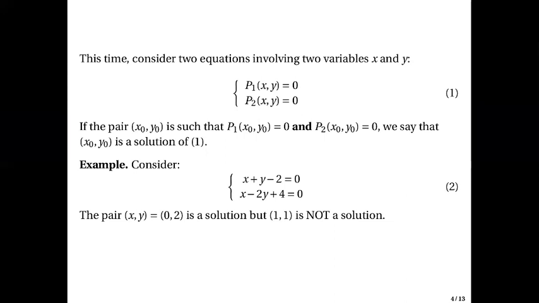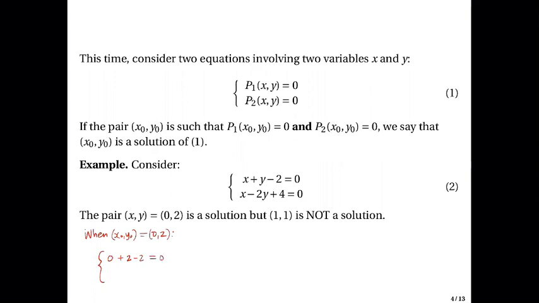Okay? So for example, let us try to verify. So when, say, x sub 0, y sub 0 equals the pair 0, 2, okay, what will we get? So on the first equation here, we will have 0 plus 2 minus 2.